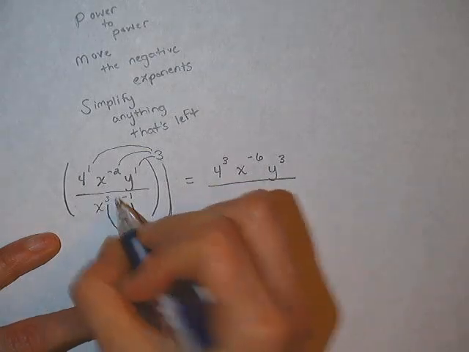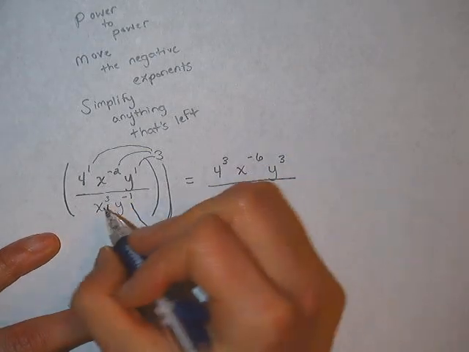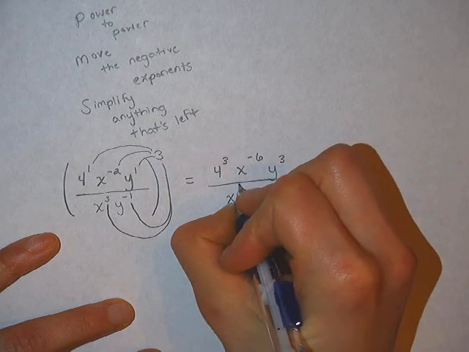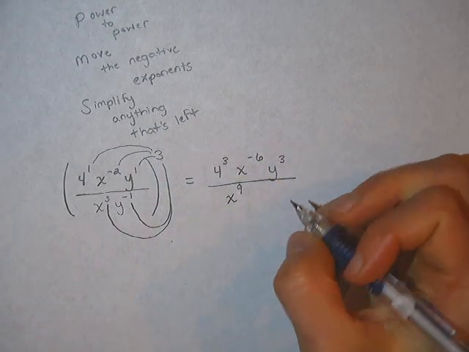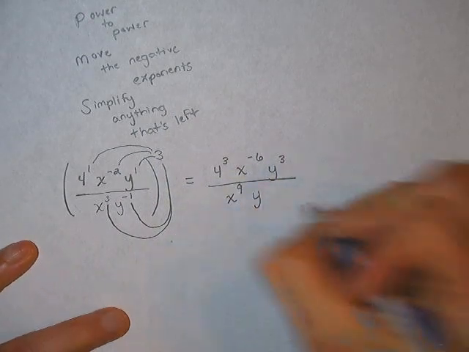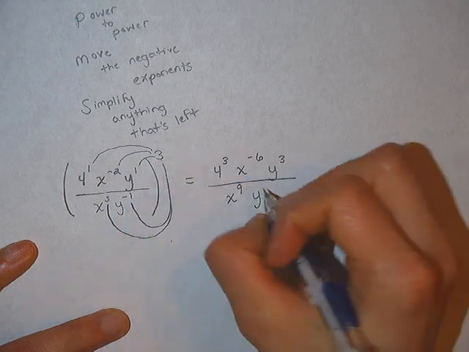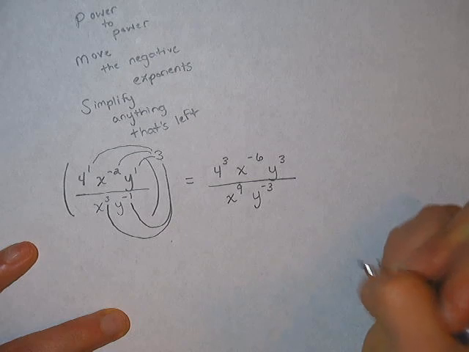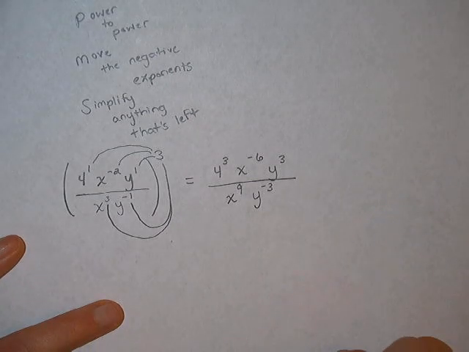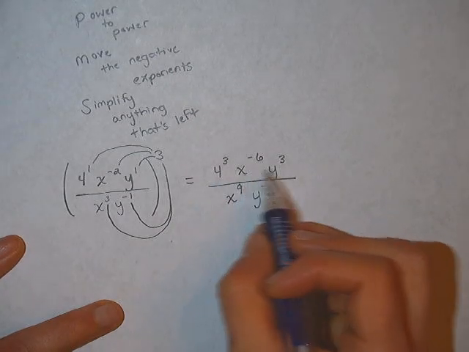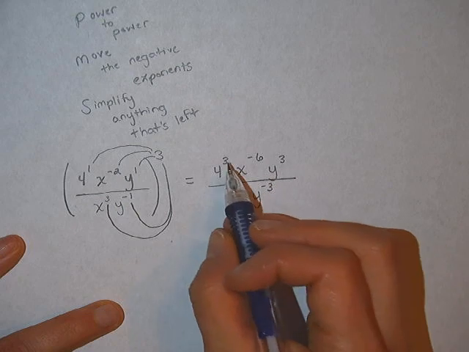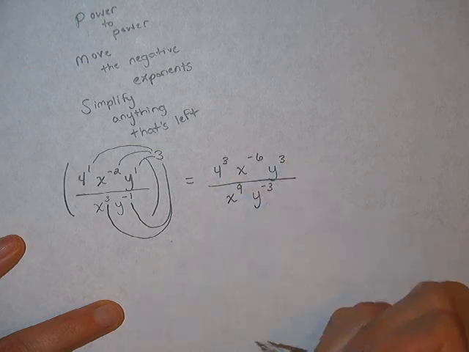And then you have x to the 3 times 3, ninth power. And then you have y to the negative 1 times 3, which would be negative third power. All right. So hopefully that kind of made sense as to you distribute your power.